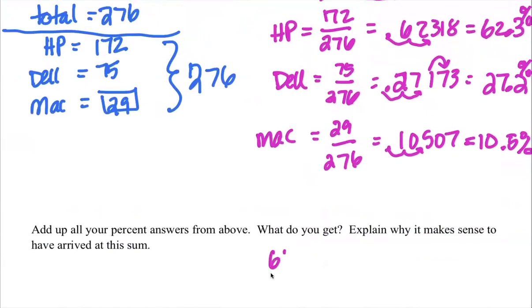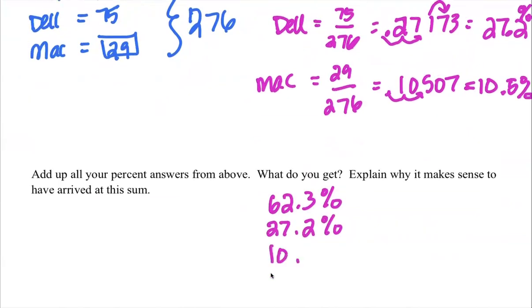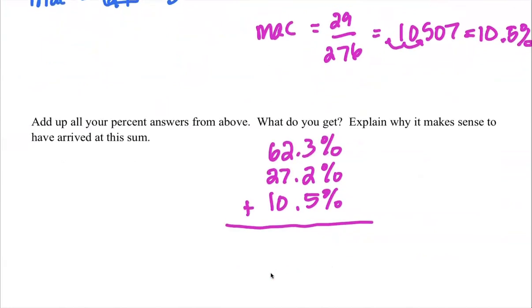So we have 62.3 plus 27.2 plus 10.5. I'm expecting these better be 100%, but let's make sure. 62.3 plus 27.2 plus 10.5 is exactly 100%.